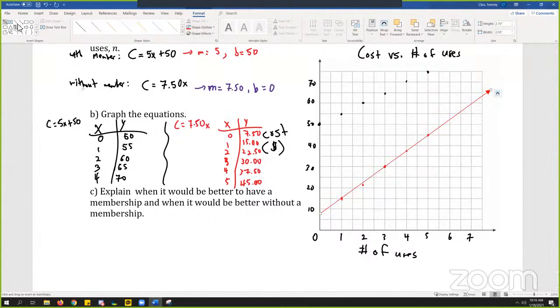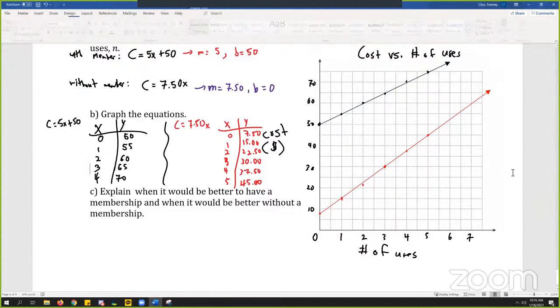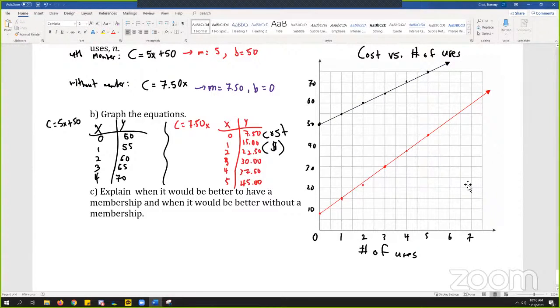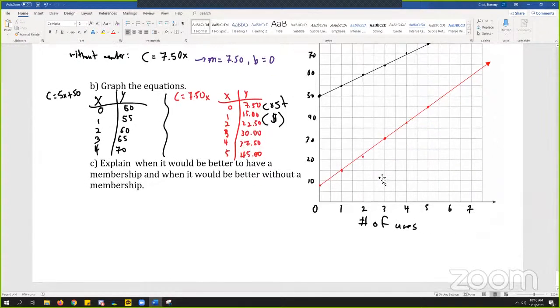For our black line, we're going to get something that looks like this. Just like that. So you can kind of see here what's happening with the two lines. They are definitely getting closer and closer together.